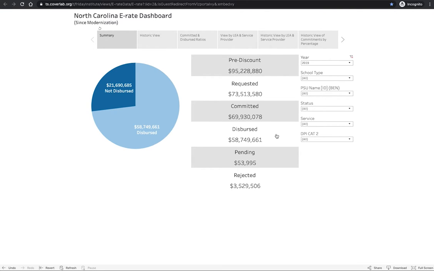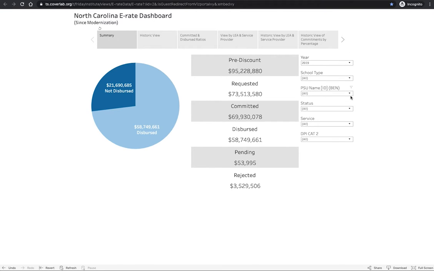Now, so far we've received $58 million, so we have a little bit more available. It's good to have a little bit of headroom there so that you're not leaving money on the table, but that's a good ratio for a year that's happened in the past.